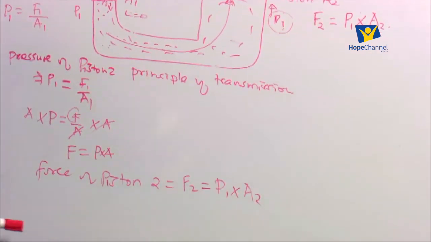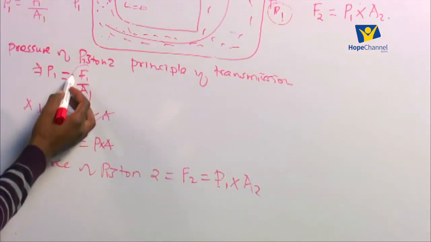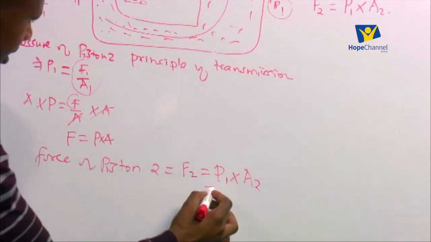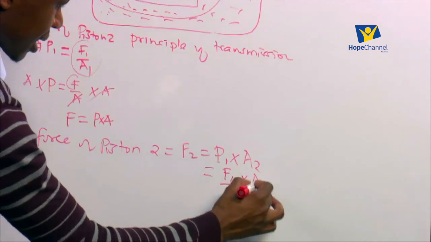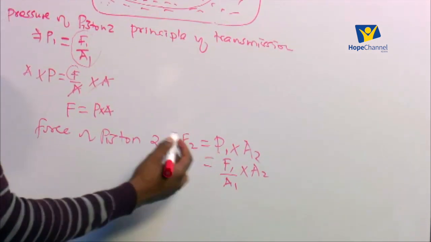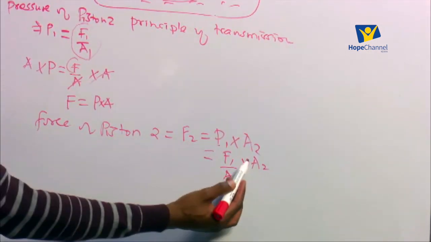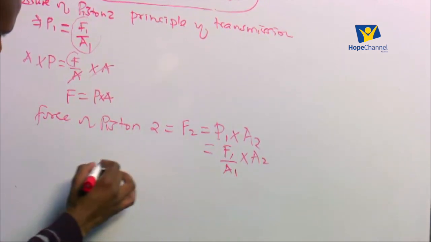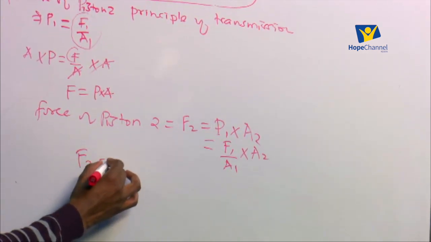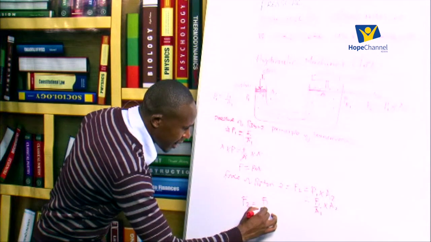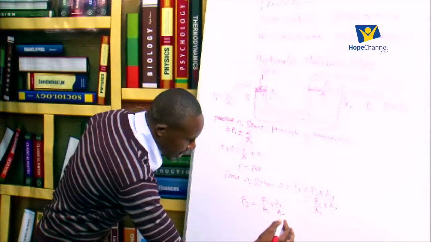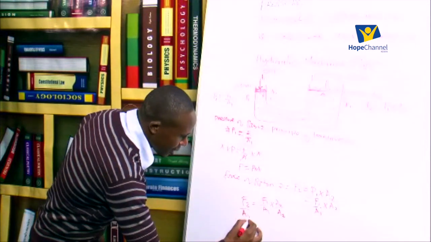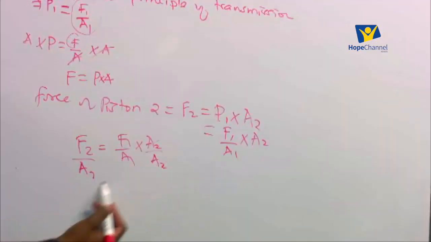But now, P1 is equal to F1 divided by A1. So force F2 will be equal to F1 divided by A1 times A2. Now, we divide by A2 on the right-hand side and A2 on the left-hand side, so A2 and A2 will cancel out.